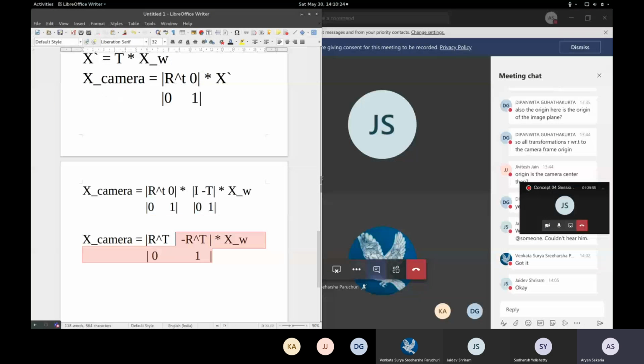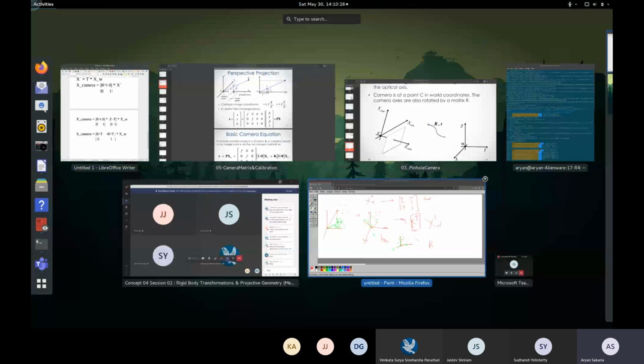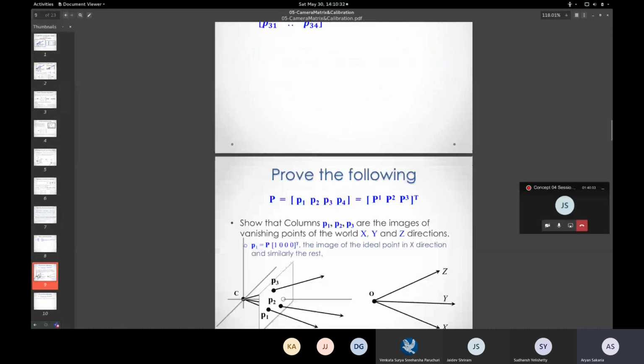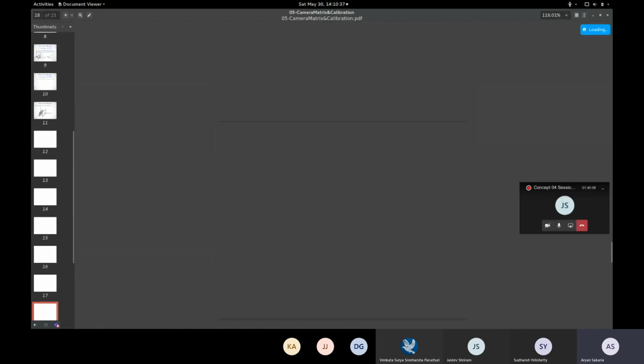So yeah, that's the situation. And getting it from the image plane to your sensor plane, I'll not go in depth about that.